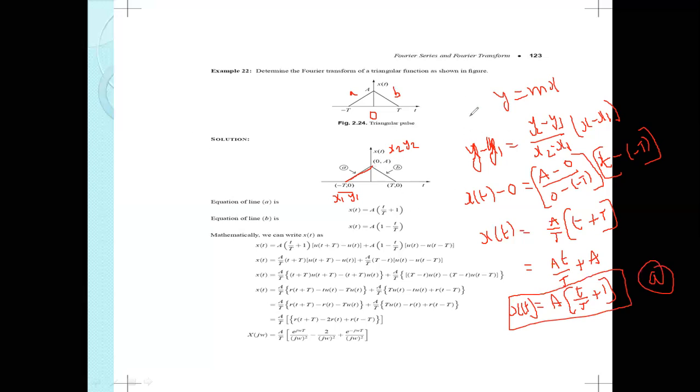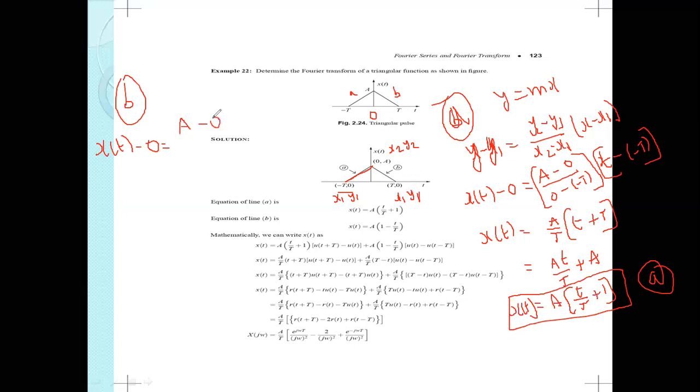Similarly, you can find the slope b. That is the value for slope a, and now I am finding the slope b. In this slope b, what is the x1, y1? Consider this as x1, y1, and this as x2, y2. Using the formula, the y is nothing but x of t. Y1 is 0, and y2 is a, minus y1. What is the y1 here?